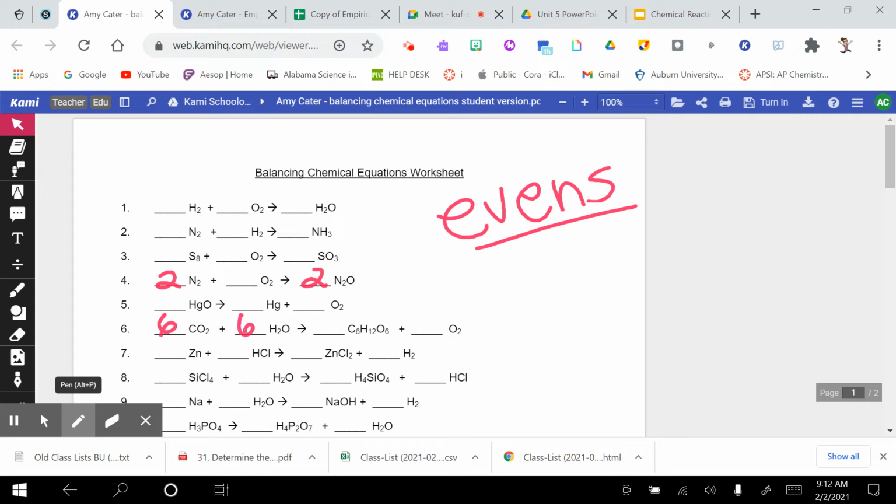Okay, we're getting there. Now let's try to balance our oxygens. On the left, I have 6 times 2 is 12, plus 6 is 18. Over here, I have 6 and 2, which is 8. How can I turn 8 into 18? We put a 6 in front of the O2. If I put a 6 right here, 6 times 2 is 12, plus 6 is 18. Everything's good.